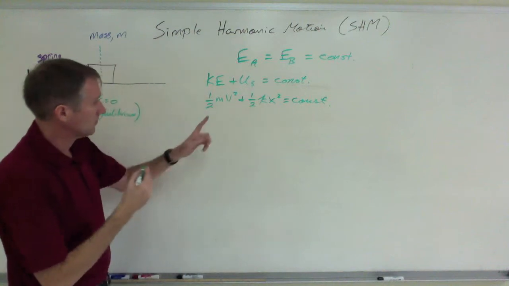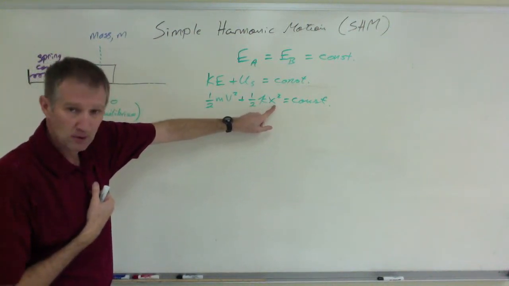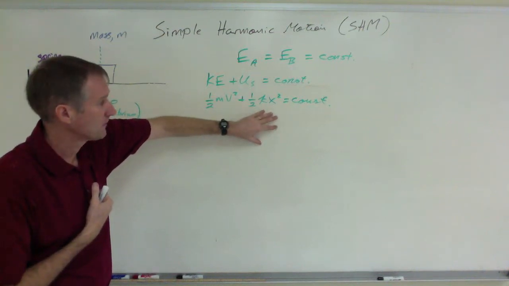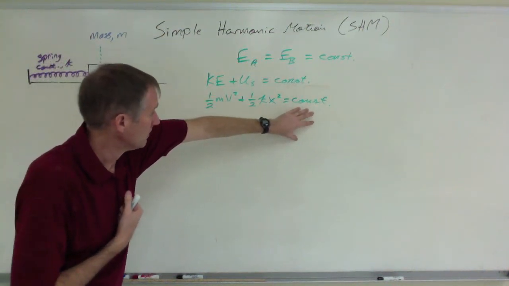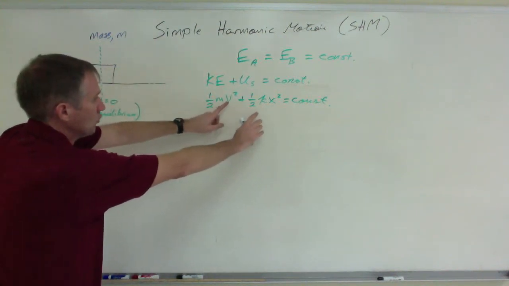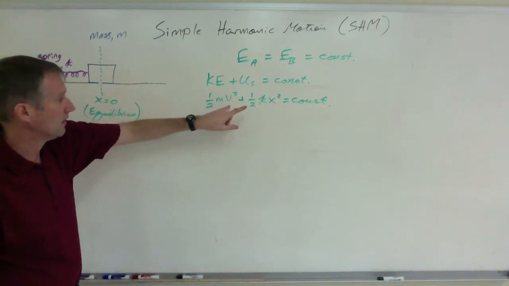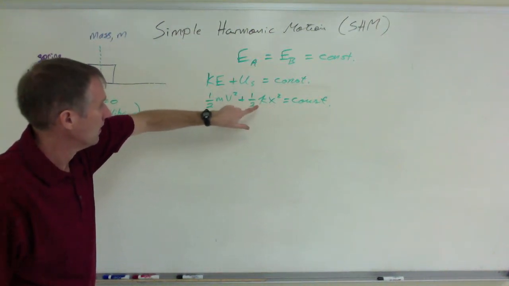Okay, be sure that this is in kilograms, meters per second, newtons per meter, meters. All right, the units matter. And that equals a constant. Now, at any given point, that's how you can relate the position to the speed for a spring. Okay, its position and speed are related by this.